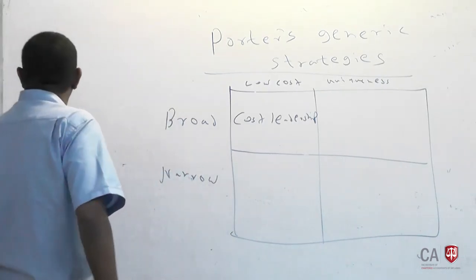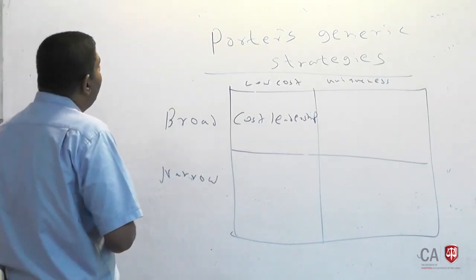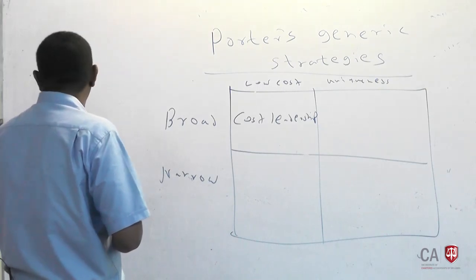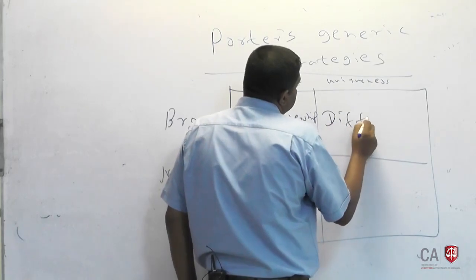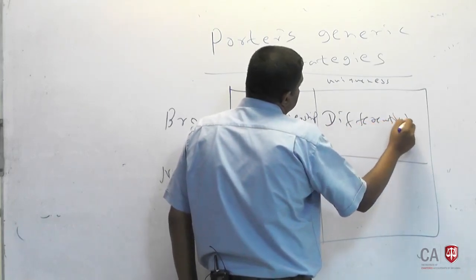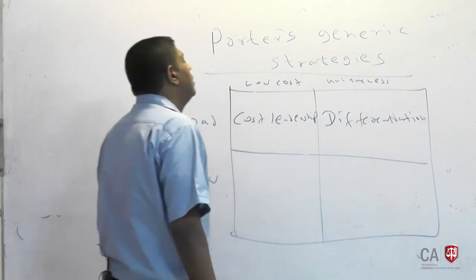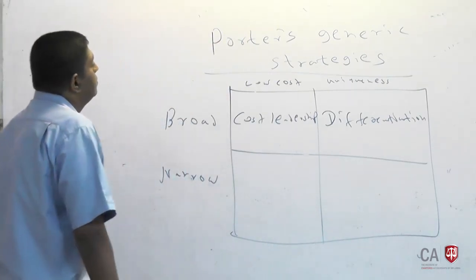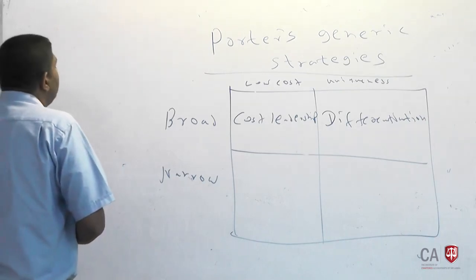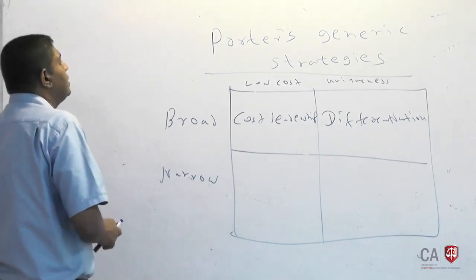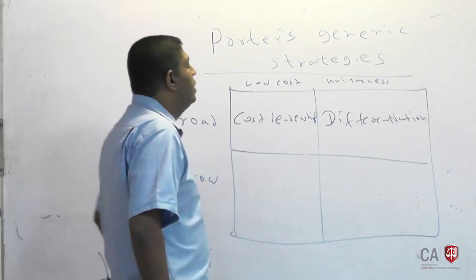Then, if you are trying to offer a unique product to the broad marketplace, that strategy was identified as differentiation. In there, you try to make your product unique in the marketplace from the other products available in the market.